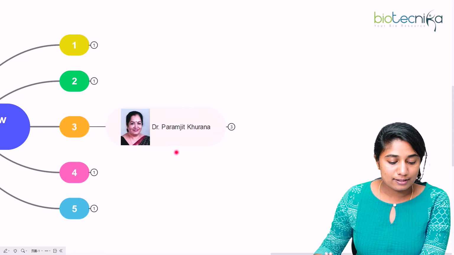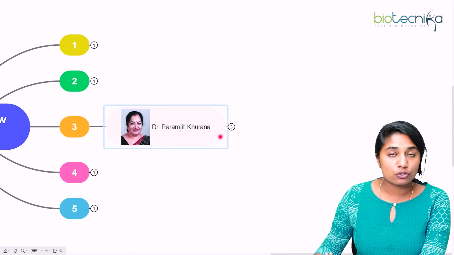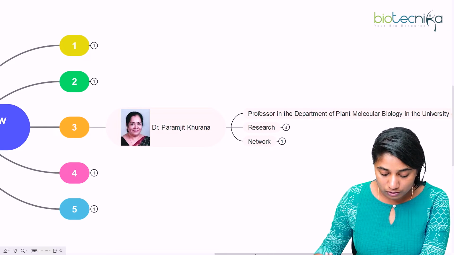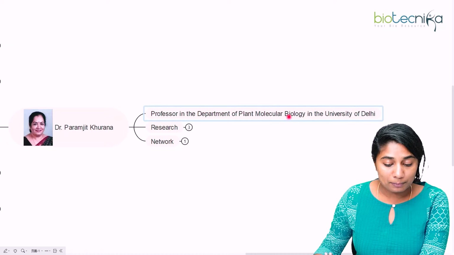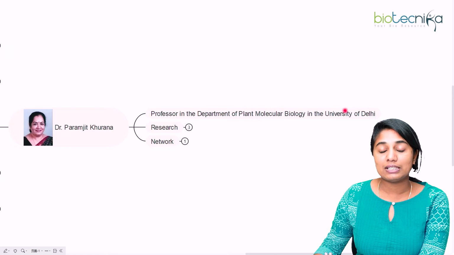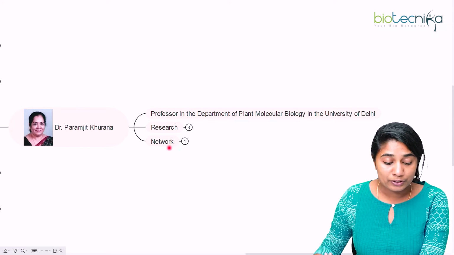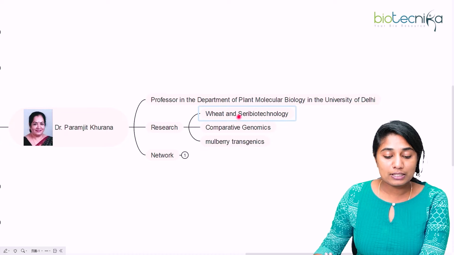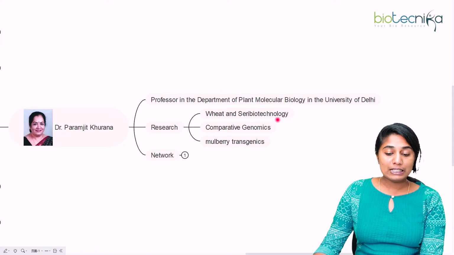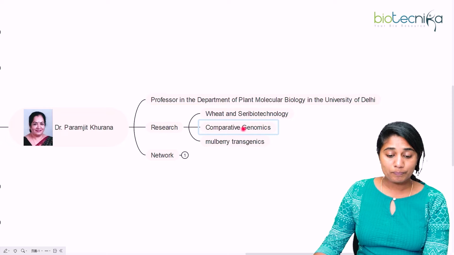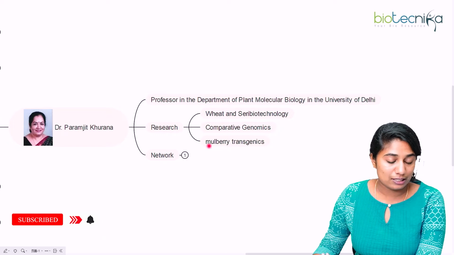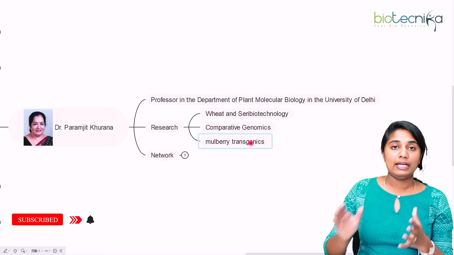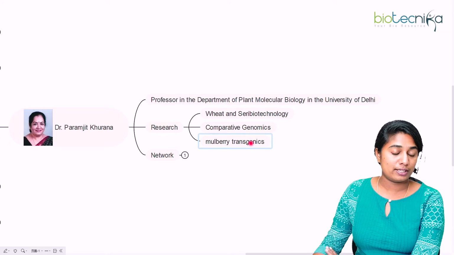The third scientist is Dr. Paramjit Khurana. Dr. Paramjit Khurana is a professor in the Department of Plant Molecular Biology at the University of Delhi. Her research is in the field of wheat and sericulture biotechnology, comparative genomics, as well as mulberry transgenics. These are the research areas she is focusing on right now.